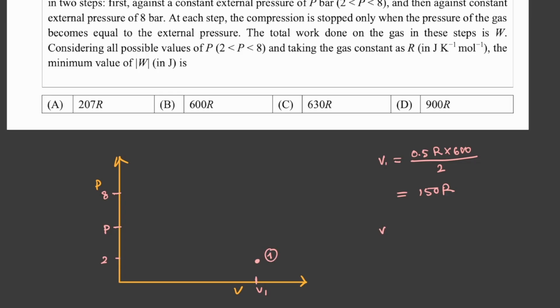And then we are considering V2, where the pressure is P. In that case, it will be 0.5 into R into 600 divided by P, where P is the pressure here, and then it will be 300 R by P. So that is our V2. Consider here is the V2 and this is the P. This is our second state.